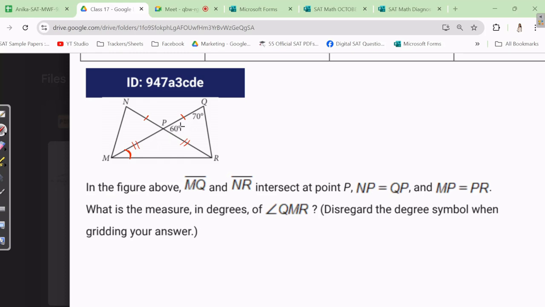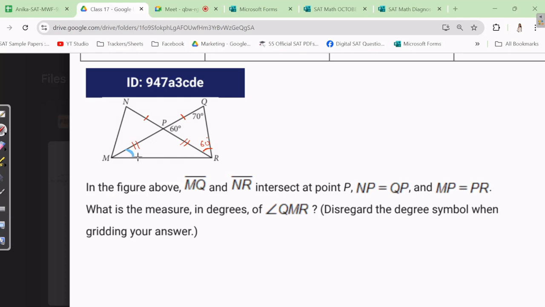Yeah, I think I accidentally said QRP. Angle QRP. Oh, you got QRP as 60? Yes. Okay, so this is 60. We have to find out this one. Let me mark it.